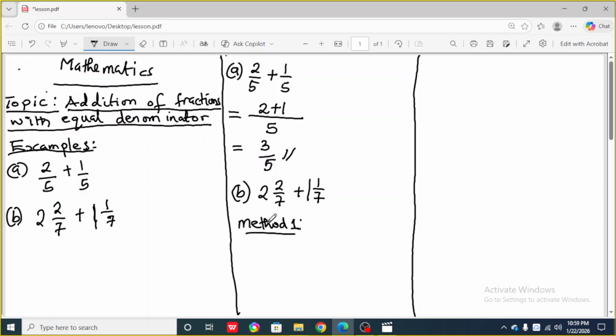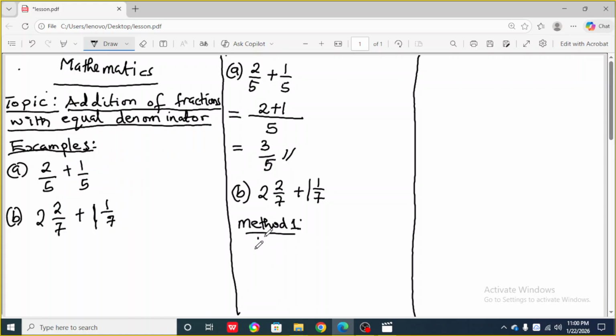So for the first one, we are going to have 2 times 7. When you do that, 2 times 7 is going to be 14. Then you add 2. 2 times 7, 14 plus 2. That is going to be 16.